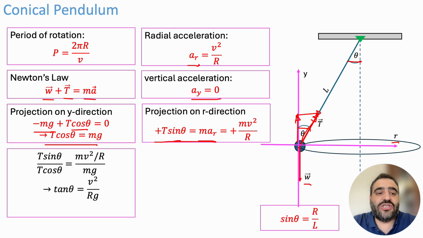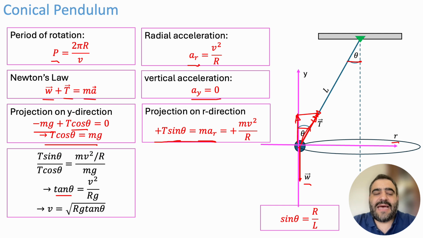Now, we rearrange this equation. Sine over cosine is tangent theta, equals v squared over rg. Now, I want to replace it in the period to find the period. So what I'm going to do is find v from here and replace it in the equation above. So v is equal to the square root of rg tangent theta.